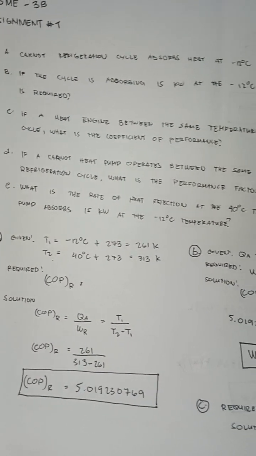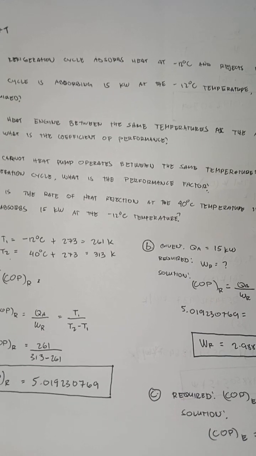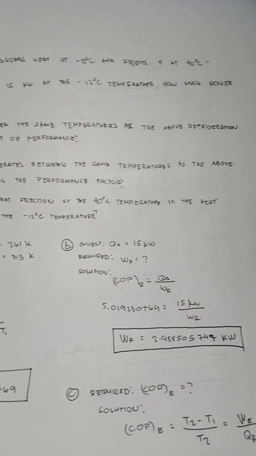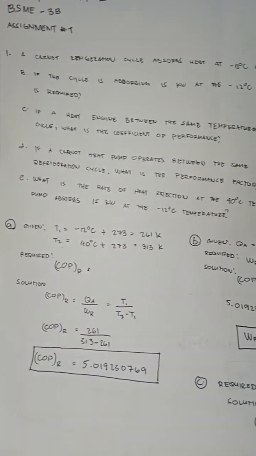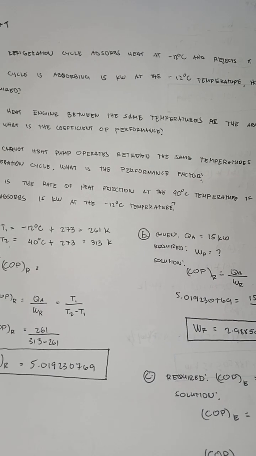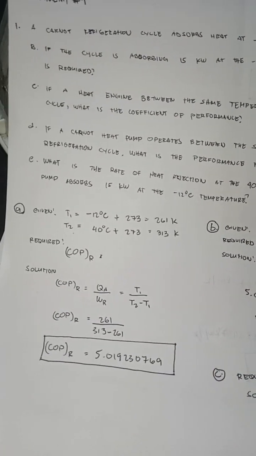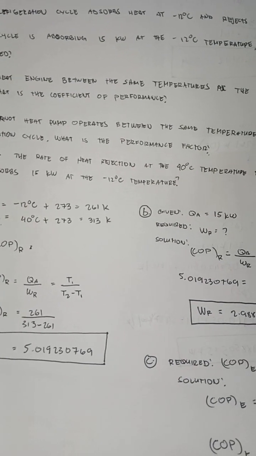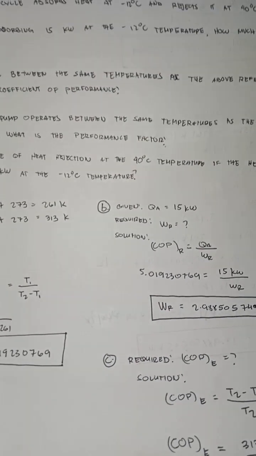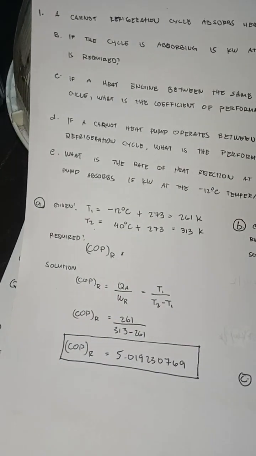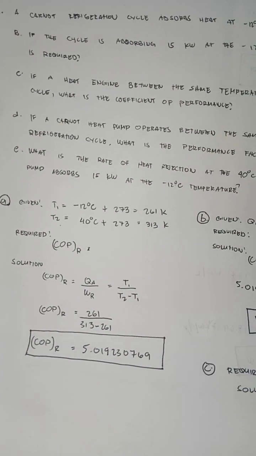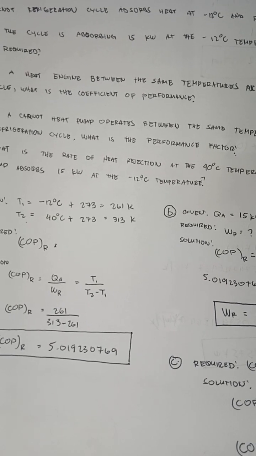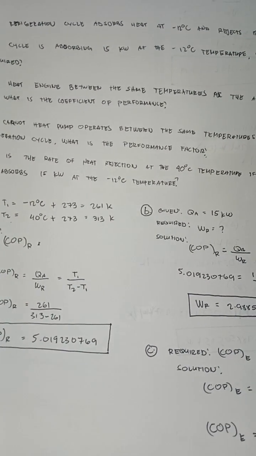D. If a Carnot heat pump operates between the same temperatures as the above refrigeration cycle, what is the performance factor? E. What is the rate of heat rejection at the 40 degrees Celsius temperature if the heat pump absorbs 15 kilowatts at the negative 12 degrees Celsius temperature?